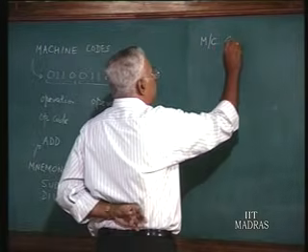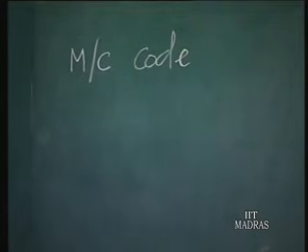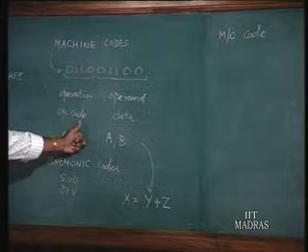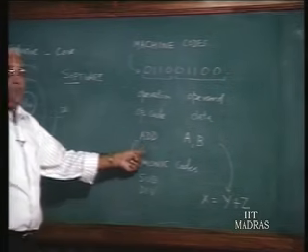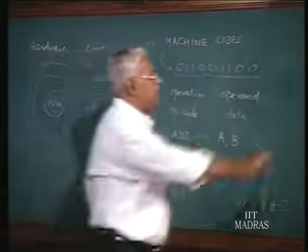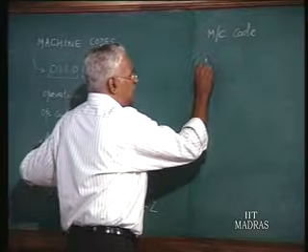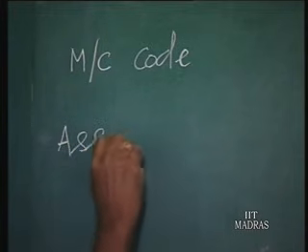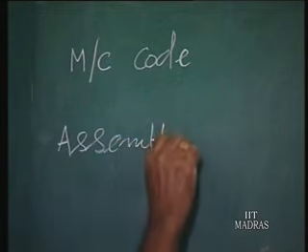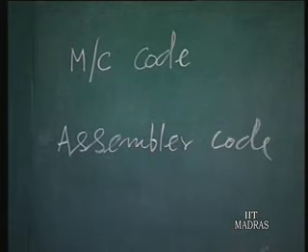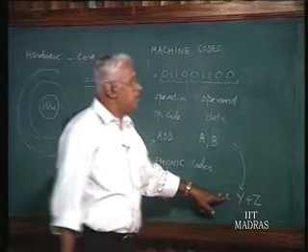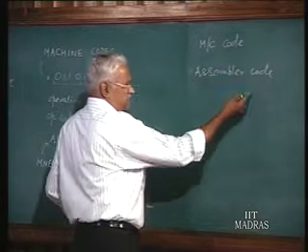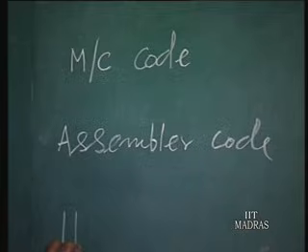From machine code, we have gone to the next level, that is mnemonic codes, but these mnemonic codes will be specific to your machine, and generally that particular mnemonic code is called an assembler code. Now, from the assembler code we go to a higher level, generally called a high level language code.